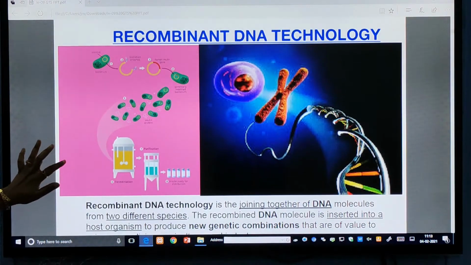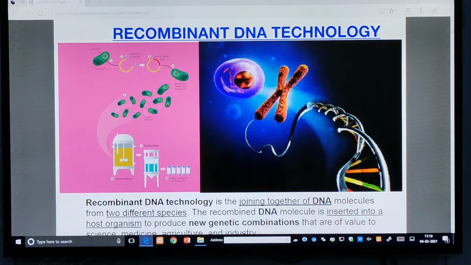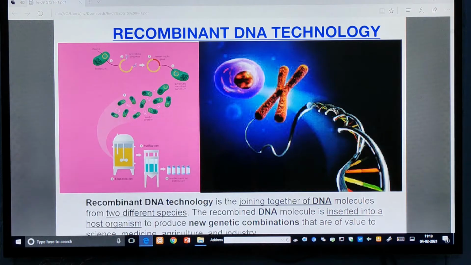Not only that, you must have knowledge about recombinant DNA technology also. Here you will see Escherichia coli. There you have the extra chromosomal substance called the plasmid, which is said to be the boon of biotechnology for human beings, especially to get recombinant DNA technology products.